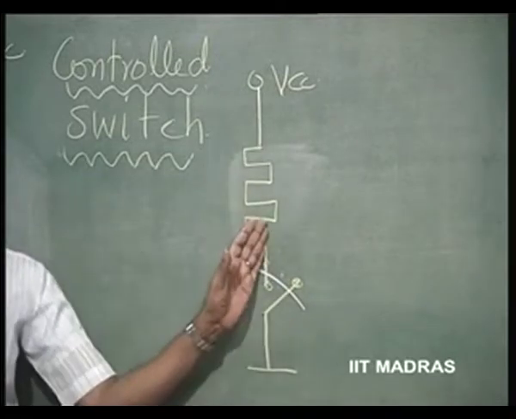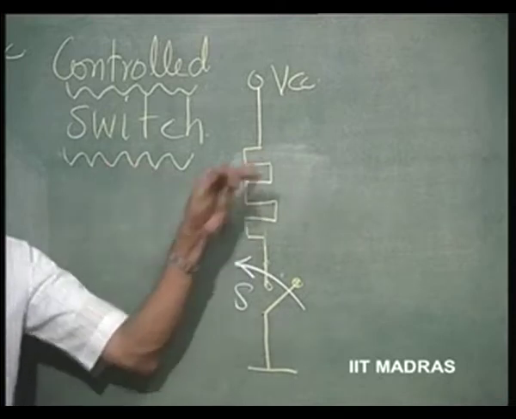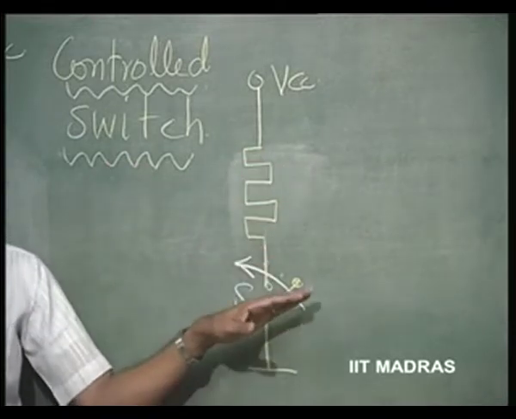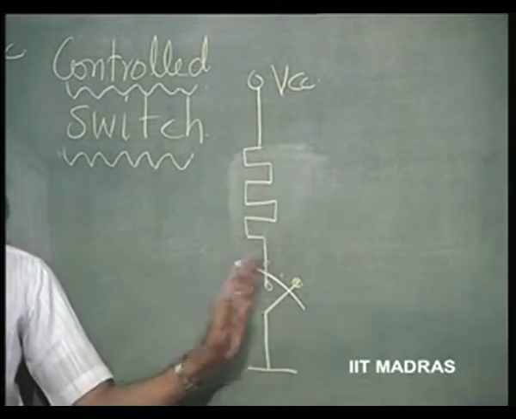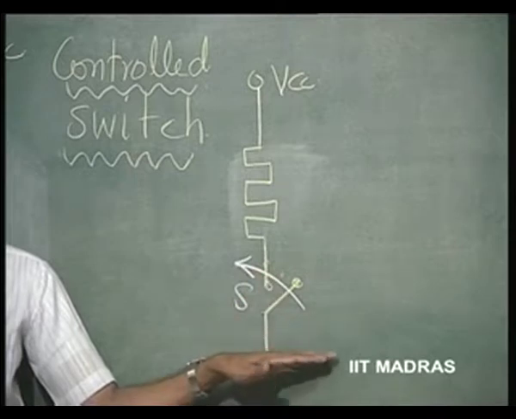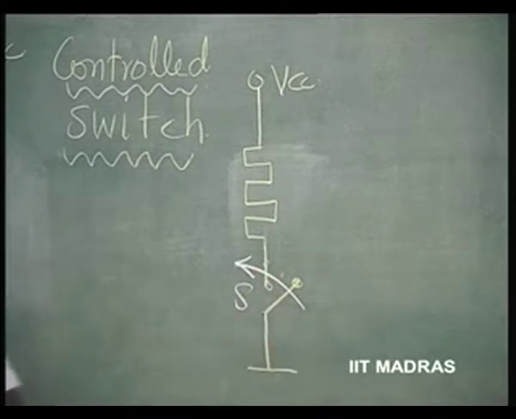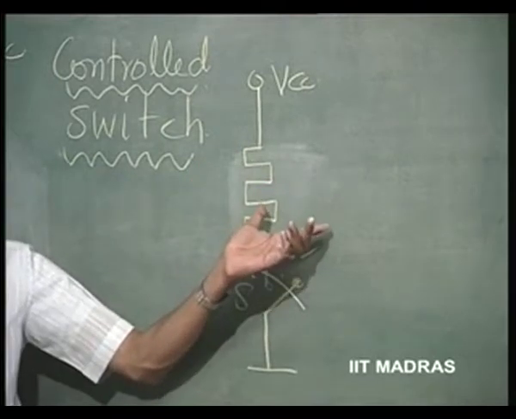This is a heater element, which is nothing but a resistive element. I want to heat this, then I want the power to be connected. So, VCC is the DC voltage which will get connected when this switch is closed and disconnected when the switch is open.